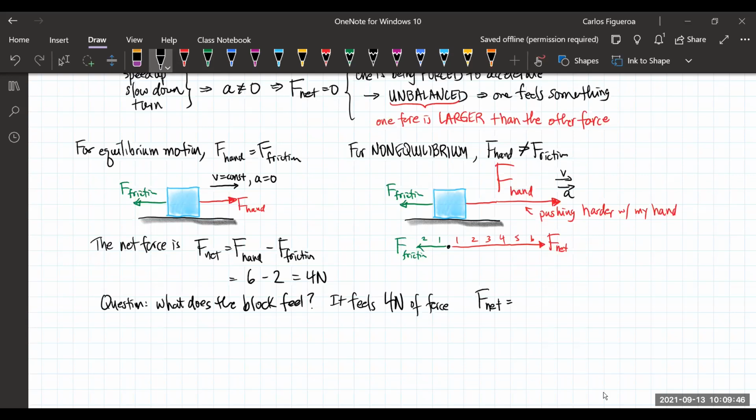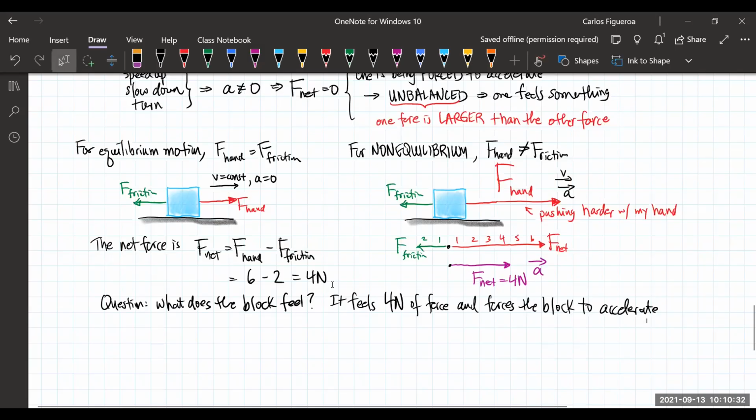Well, when I look at my picture, let me erase that, sorry. That means what it feels is a force of 4 newtons. It's the difference between these guys. It's 4 newtons. And as a consequence, it's going to accelerate in the direction of the velocity. So it feels 4 newtons of force and forces the block to accelerate. Right? That's what makes the block speed up here.